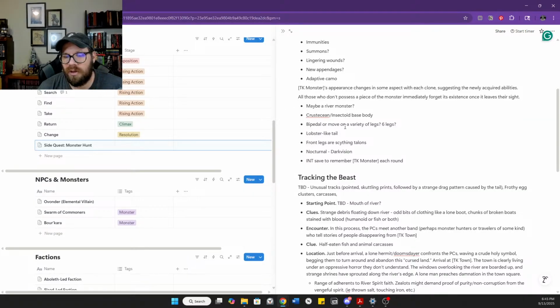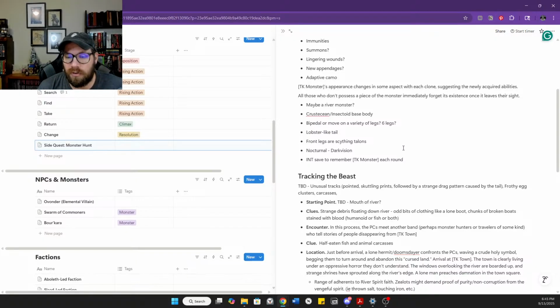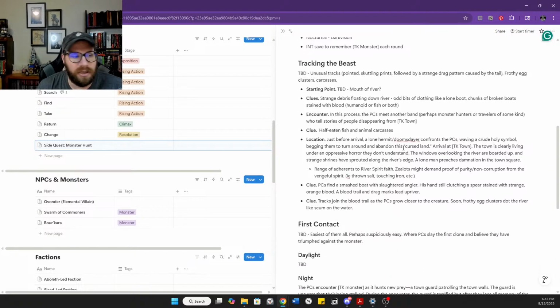We've come up with some ideas, but we probably want to define a description of it so that when we run this, we've got something to go off of when we introduce the creature. But we can go ahead and start working on the various phases here.